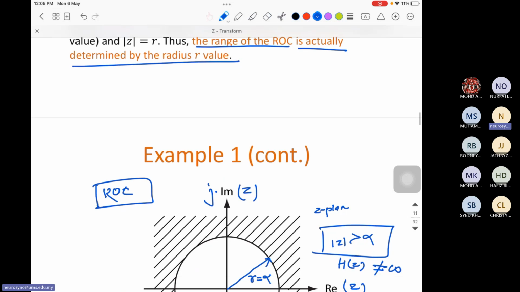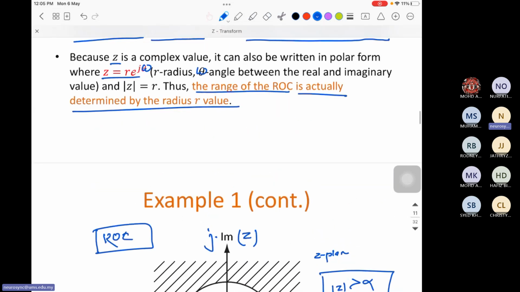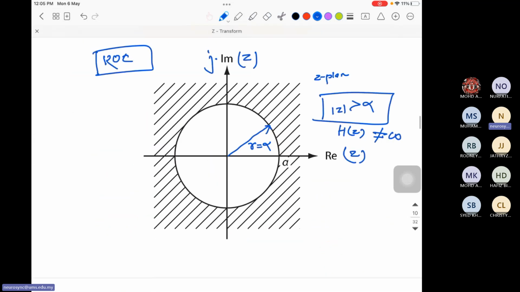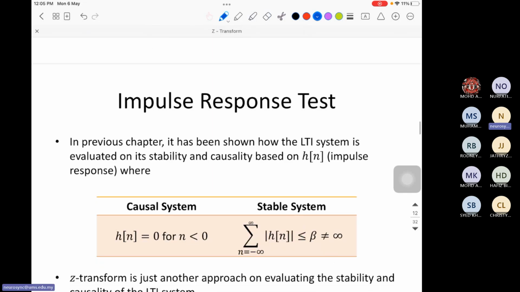In the Fourier transform, r is equal to 1, but here it is not. We can choose this r value. So the range of this ROC is determined by the radius r.